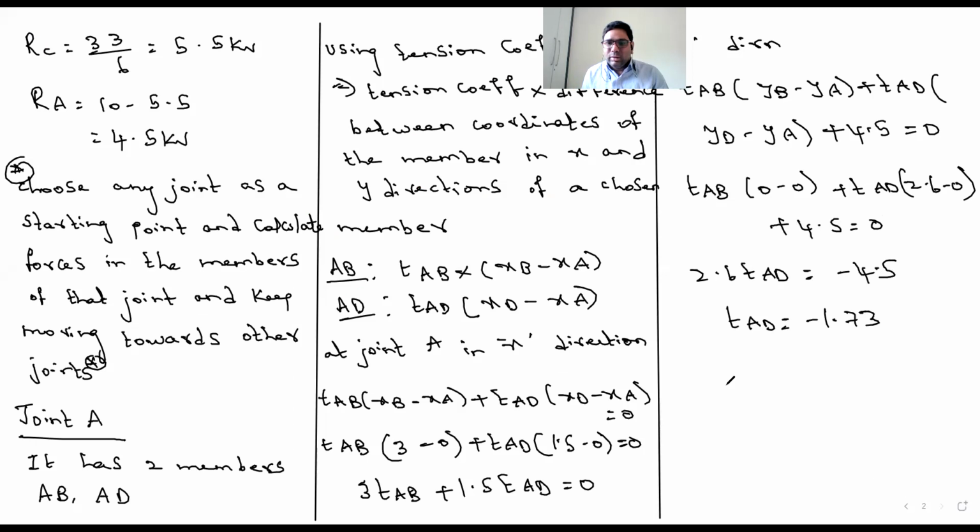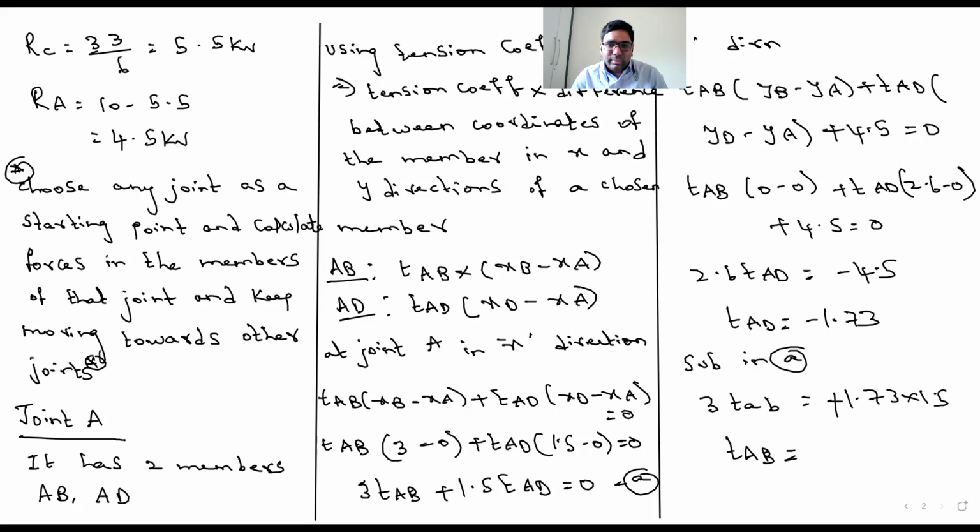Now substitute in the x equation. We get 3 TAB is equal to minus 1.73 into 1.5, so TAB is equal to 0.865. Okay, so I will stop here for today's class.